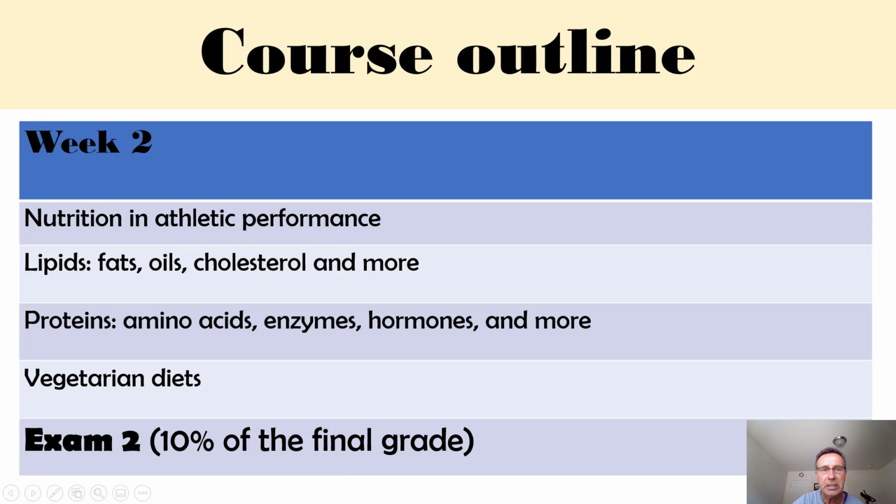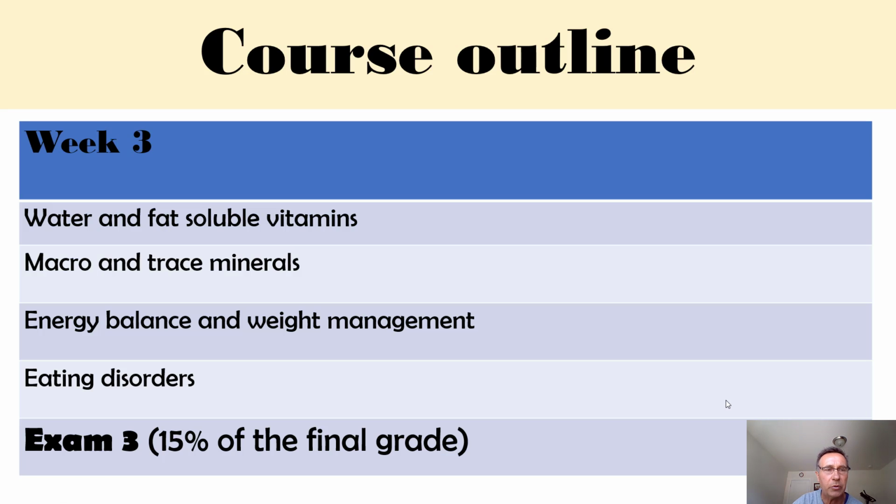Speaking of subsequent exams, notice that again we have selected topics listed that you will be learning about in week 2, and then at the end of the week you have exam 2, which will be worth 10% of the final grade, right? Here we have week 3 and also exam 3 worth 15%, okay?